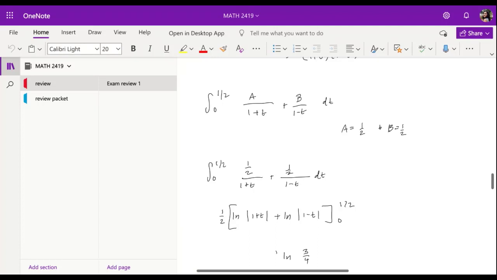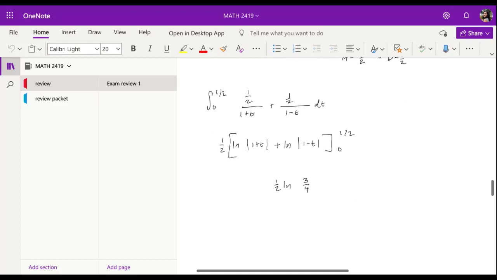As you know, according to log rules, you can write this in many ways, so any answer would be fine. You could do ln of 3/4 to the 1/2, or ln of the square root of 3/4. So that's the final answer. Any questions about this one before we move on?